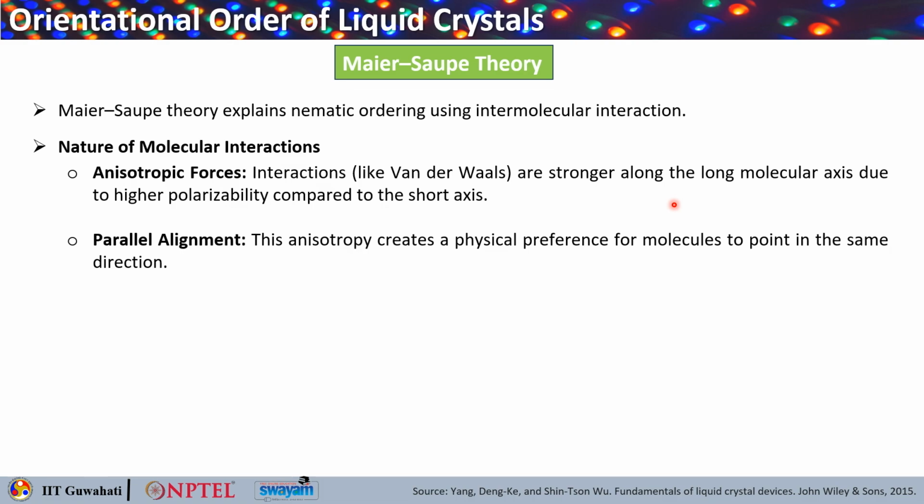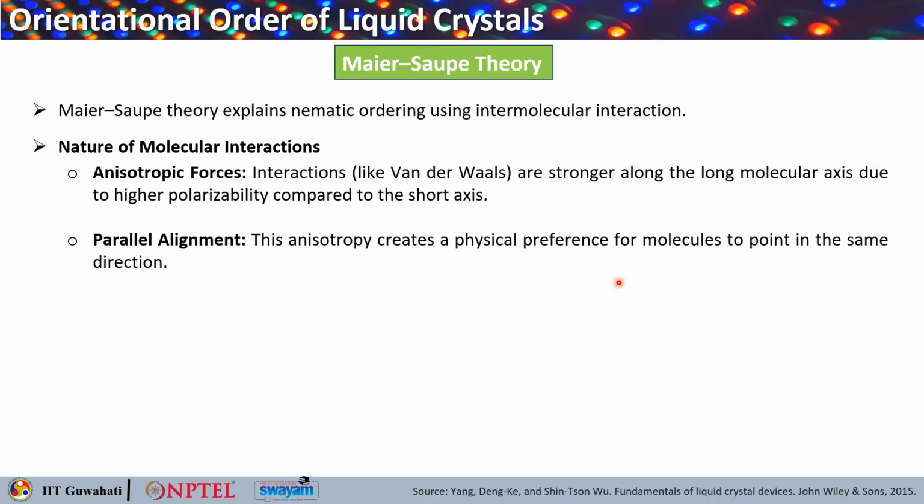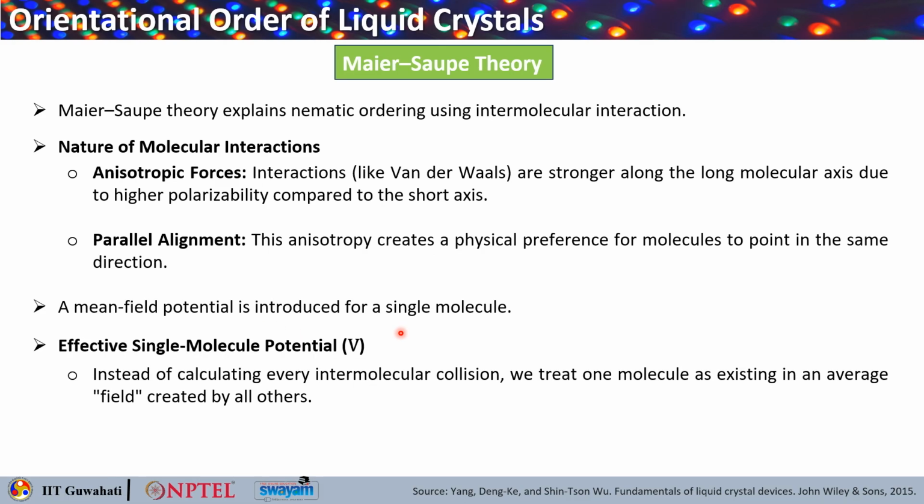This anisotropy basically creates a physical preference for the molecules to point in the same direction. So, what you get is basically parallel alignment of the molecules. So, a mean field potential can be introduced for a single molecule.